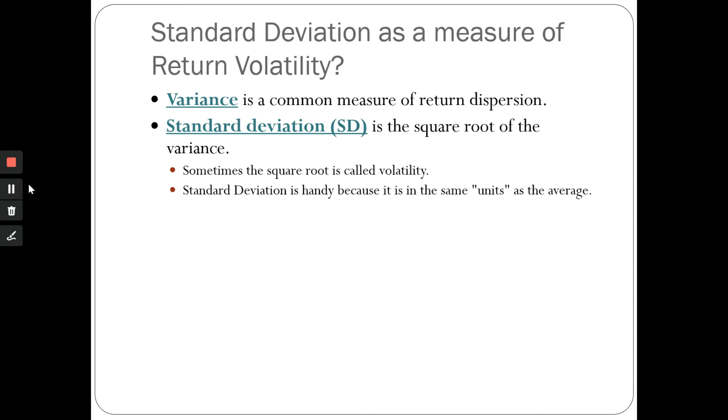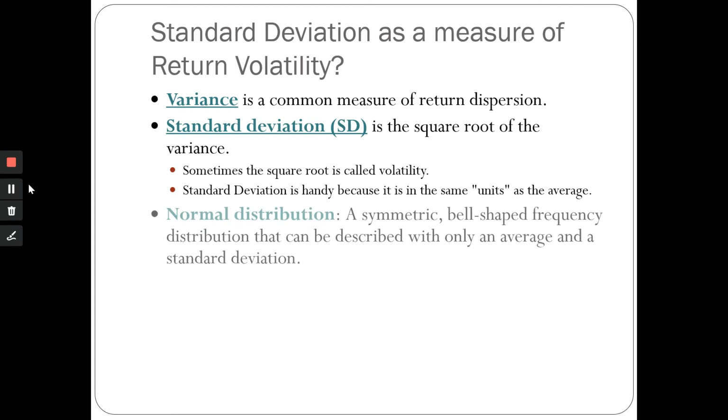The standard deviation is widely used compared to the variance because the unit of the standard deviation is the same as the unit of the average. So from the perspective of stock return, it is in terms of percentage for the standard deviation and for the mean return as well, because we usually calculate returns in terms of percentage.